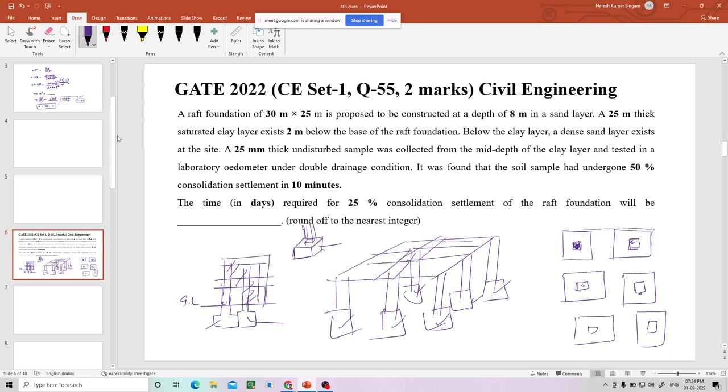Now I'll draw an outer line for this. Let the total area be A, and the areas of the footings be A1, A2, A3, A4, A5, A6.